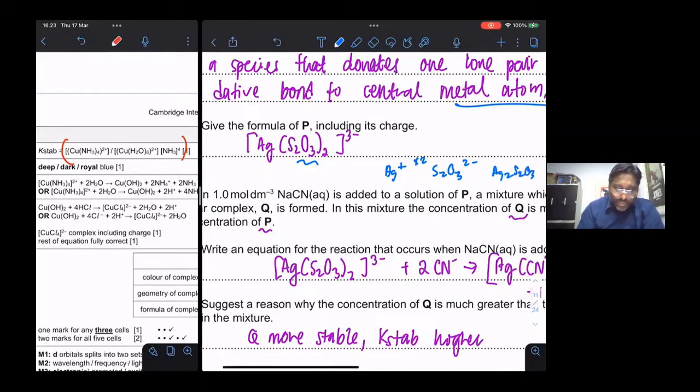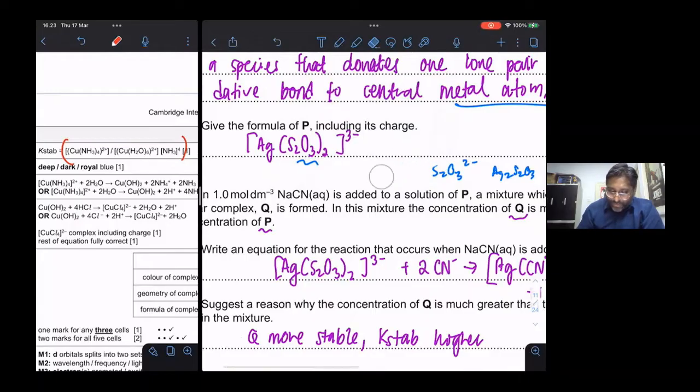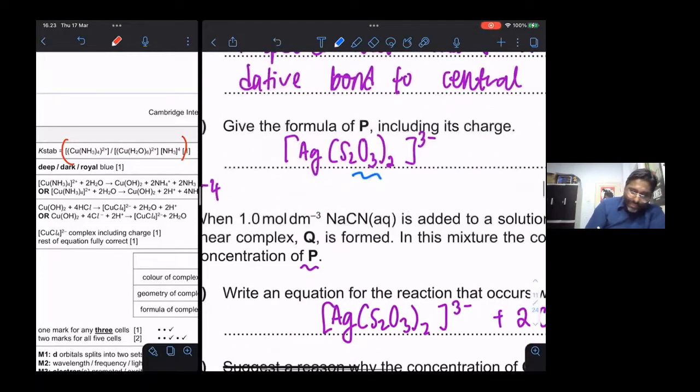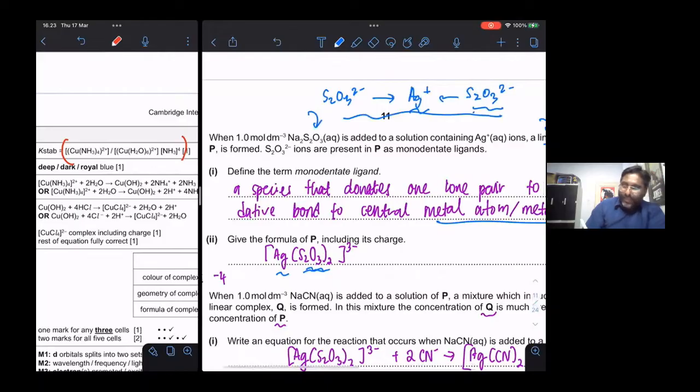No, we are not talking about that. For ligand formation, it doesn't work that way, so please take note of that. So this one is going to be Ag(S2O3)2, because we follow the geometry. They say that there are 2 dative bonds being formed.